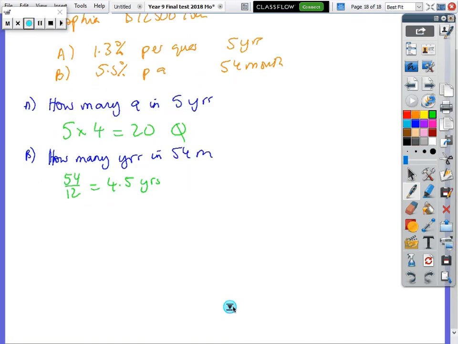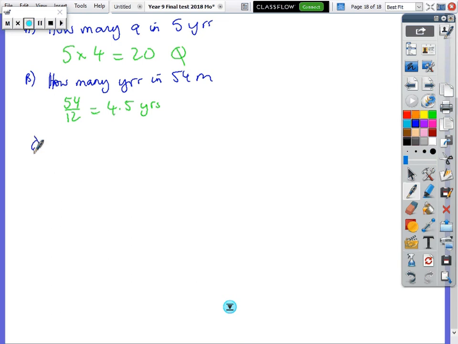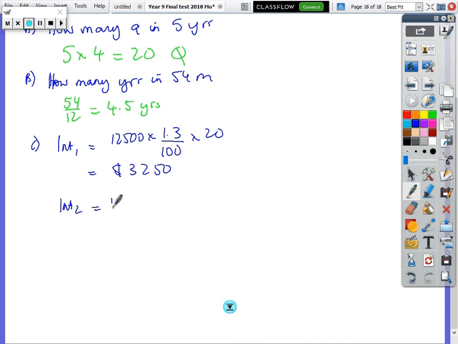Next question asked calculate the interests for both parts. So interest 1 was 12,500 times 1.3% times 20 quarters, which was 3,250. Interest 2 was 12,500 times 5.5% times 4.5 years, which was $3,093.77.